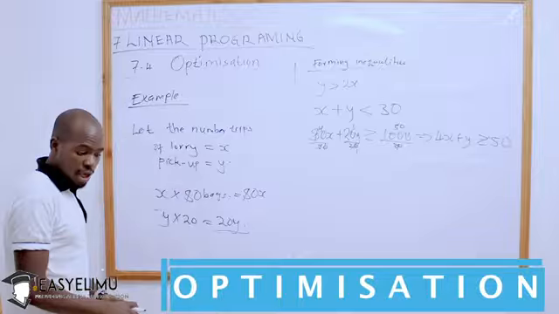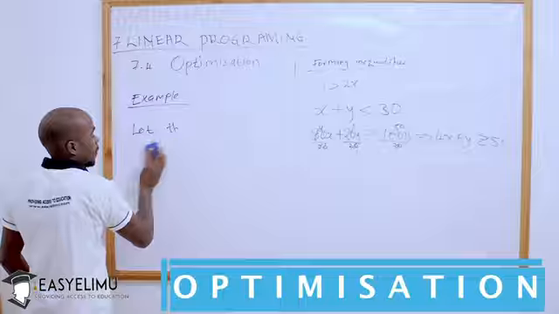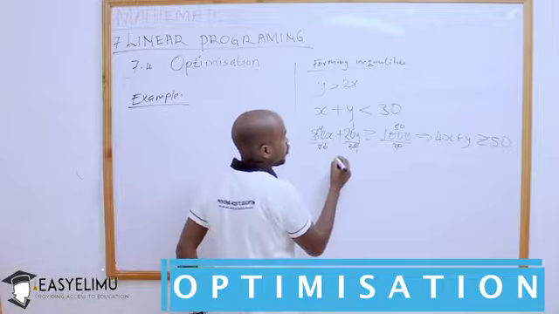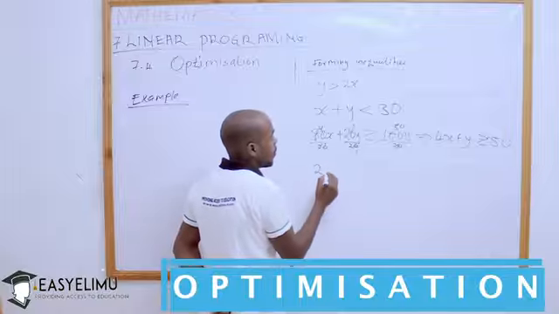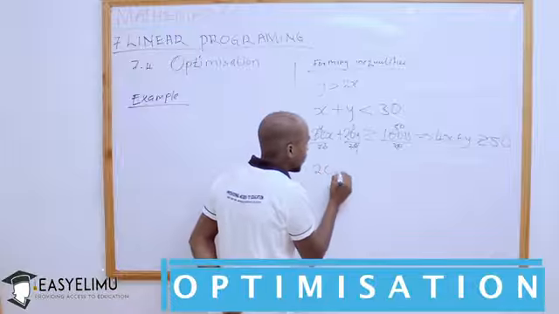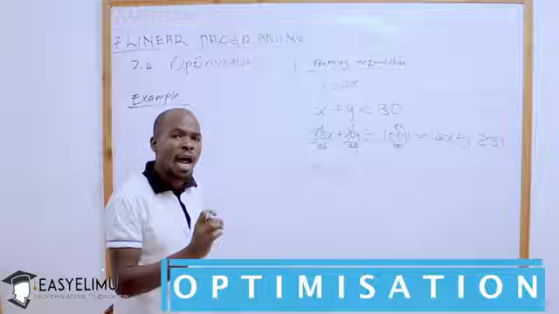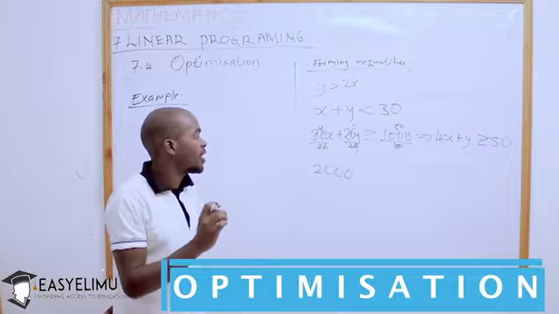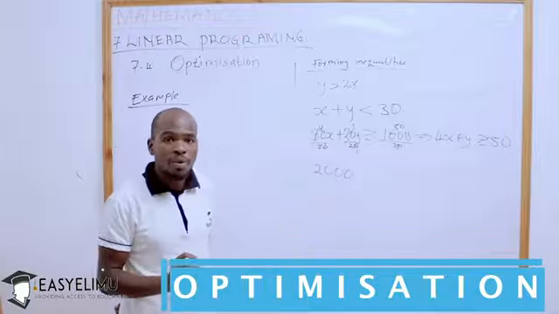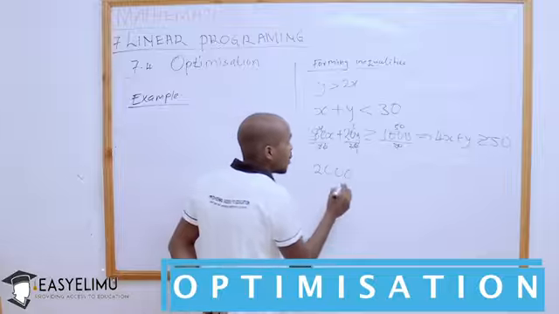So if we form the inequality for the expenditure, one trip of a lorry costs 2,000, so the total expenditure on the lorry will be 2,000 per trip multiplied by the total number of trips the lorry makes, x.